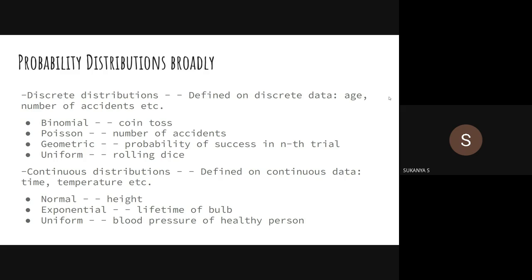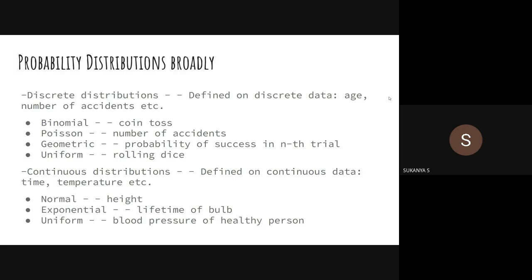What is the binomial distribution? I'm just stating the characteristics. There are two parameters for a binomial distribution, n and p, where n denotes the number of trials you're doing, and p denotes the probability of success.